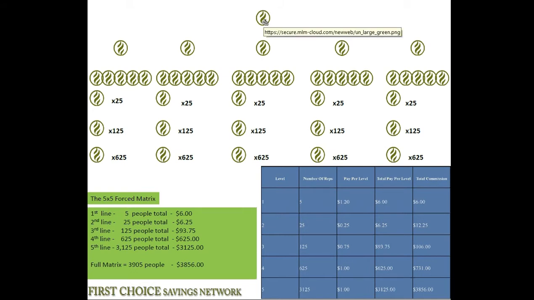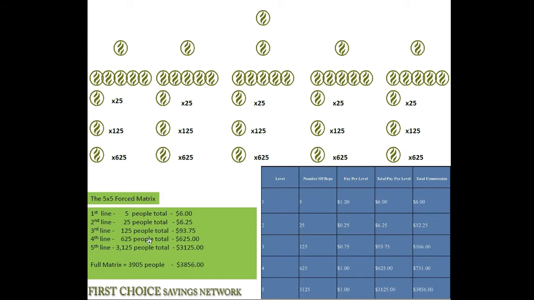However, this is you as well. This first level is going to be full. Let's say this third level's full right here. So $12.25, and then on this level right down here, this is all full with 25. So you have 25 people of this 125, and you're getting 75 cents for each person right there.